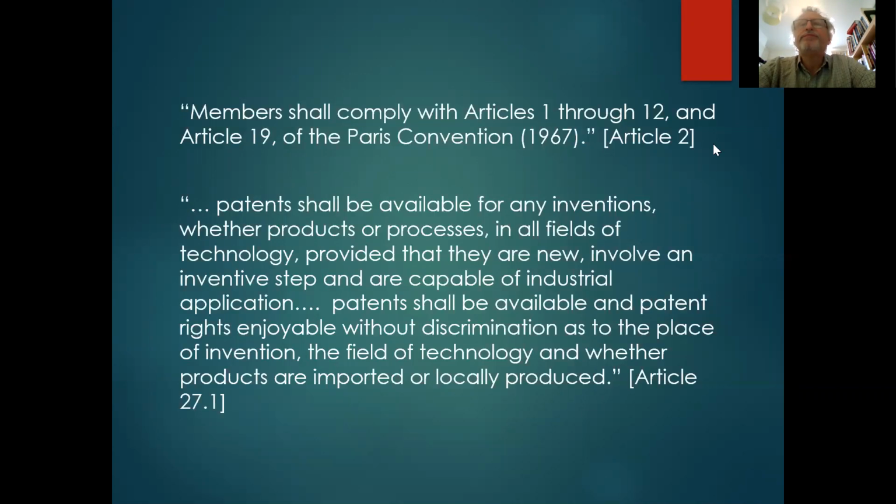So if you invent something in Istanbul or Athens or London, or you do it in Chicago, it shouldn't matter in any way. Why does this provision matter? Why is it important to say this?